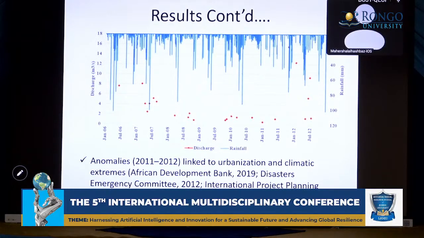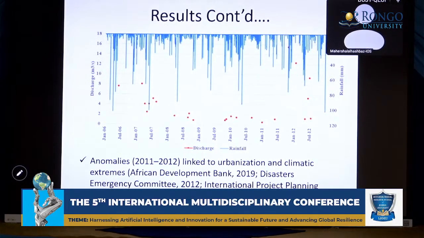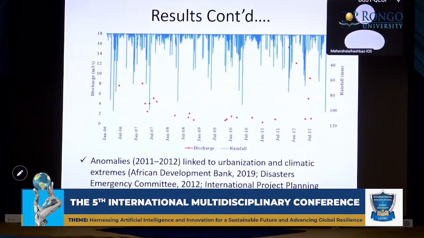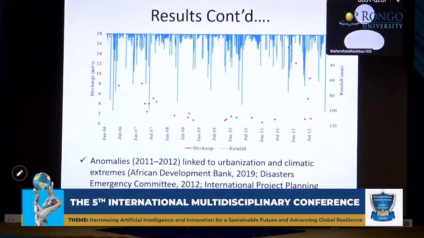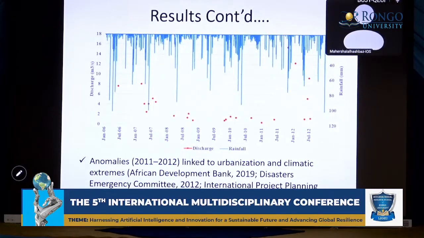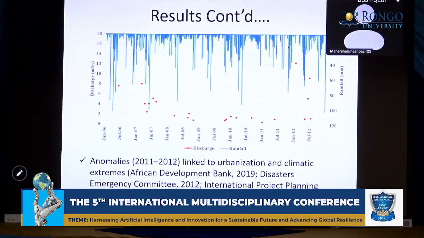We know the Thika Superhighway was completed around that period, and there were also severe drought conditions reported by various agencies such as the African Development Bank and the Disaster Emergency Committee, which raised a red flag that that period had some drought, and that could have been part of the reason why we had anomalies during that period.